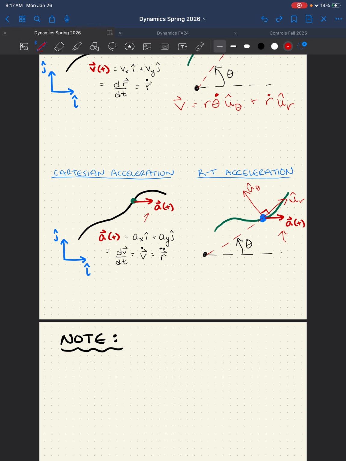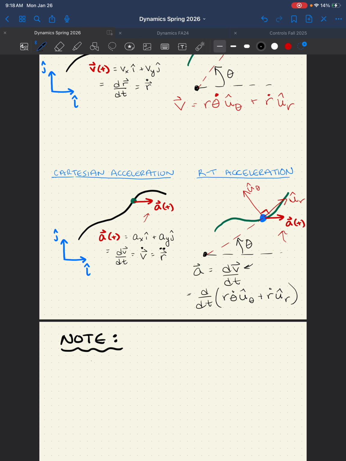Alrighty, let's see. What is our acceleration? Again, if you wanted to rederive this, it would be perfectly valid to say that acceleration is equal to dv dt, but you would need to use v expressed in u hat r and u hat theta coordinates, so this would be d dt of r theta dot u hat theta plus r dot u hat r.